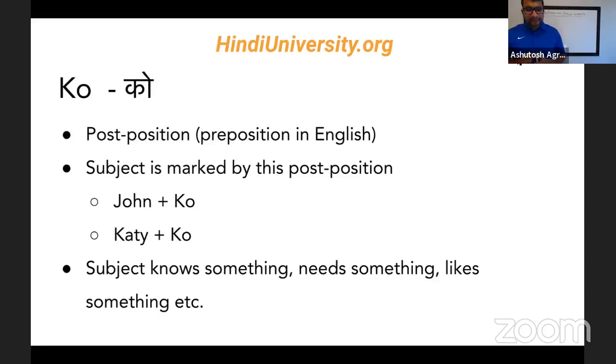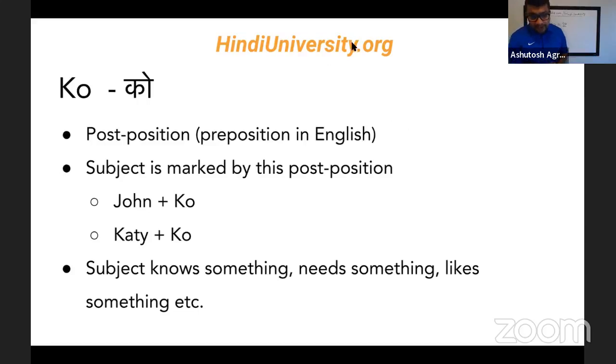Oftentimes when we use it, the subject in a sentence gets marked by co. The equivalent of this postposition is almost like to in English. We'll cover it in more detail, such as John co, Katie co, Mary co.